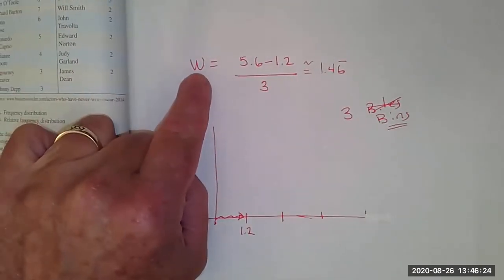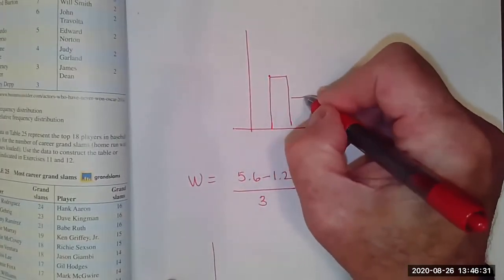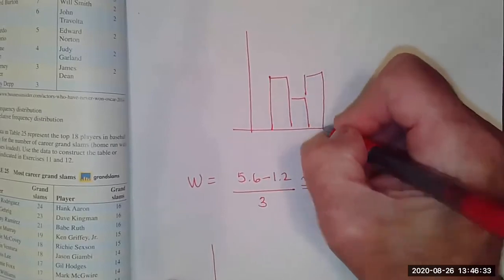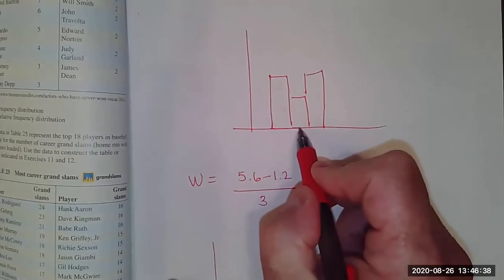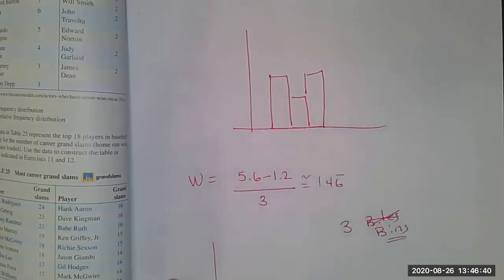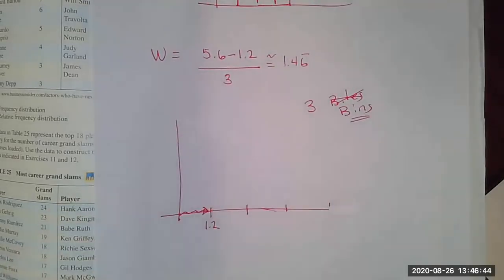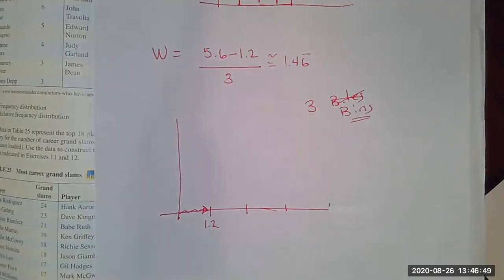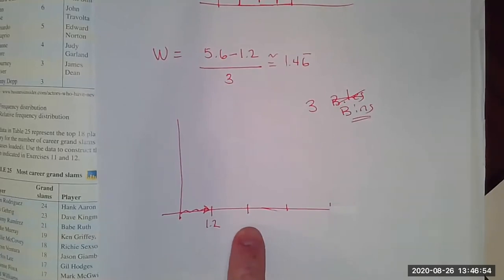There are 3 rectangles, and the width here is the same as the width there and there. So I have to predetermine a number, it could be a decimal, that I add to get me to the next hash mark. 2. Okay, most people would do that.